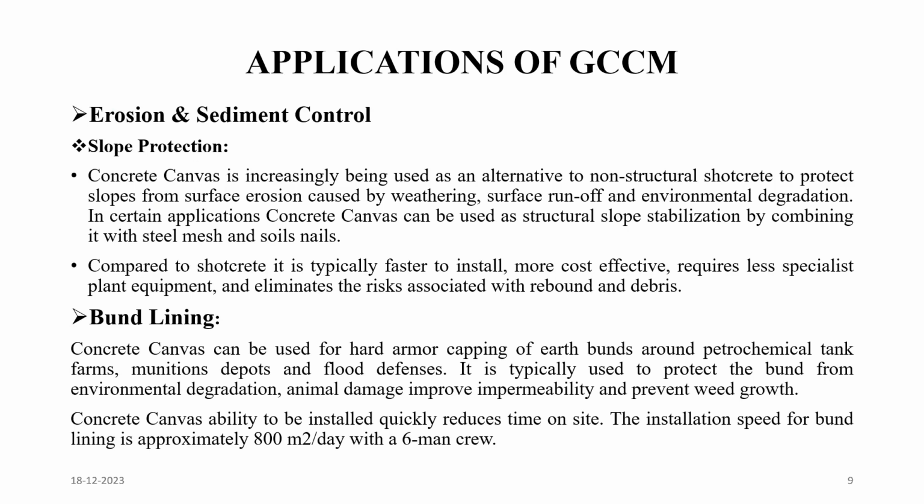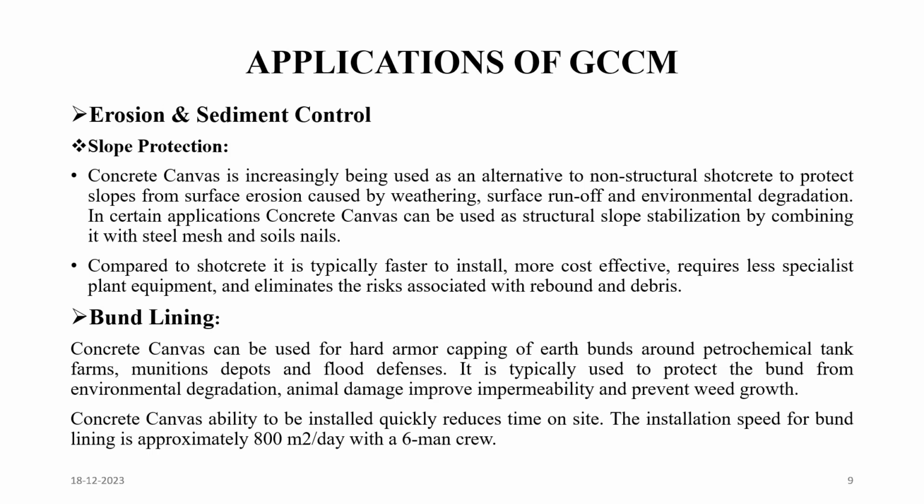The second application of GCCM is soil erosion control. In this, we have slope protection. Concrete canvas is increasingly being used as an alternative to non-structural shotcrete to protect slopes from surface erosion caused by weathering, surface runoff, and environmental degradation.